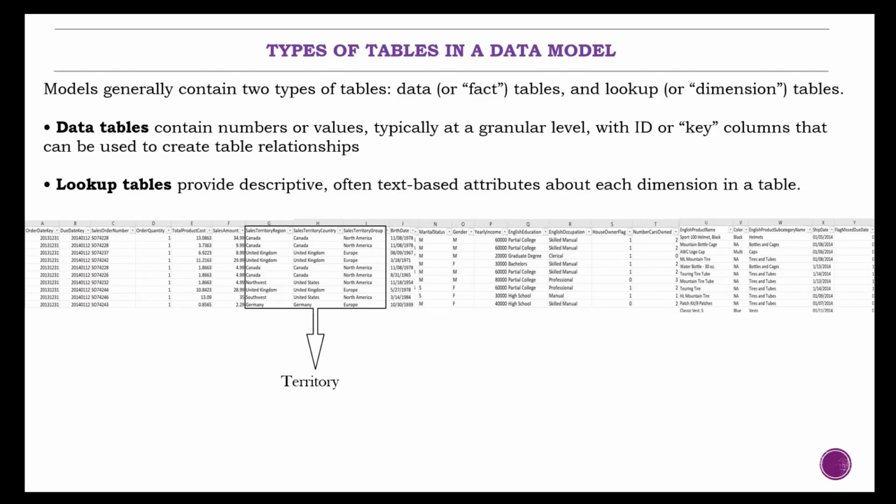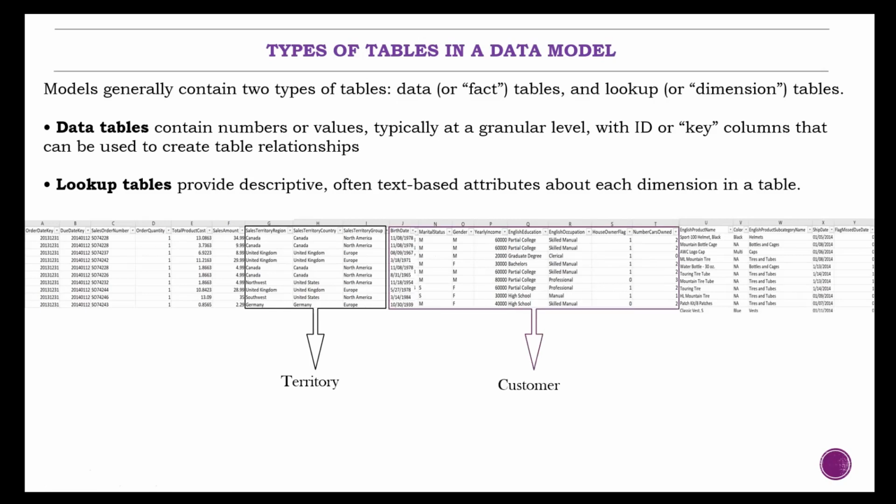If we also look at the birth date, marital status, gender, yearly income, English education, English occupation, house owner flag, number of cars owned, these values are attributes of a customer or attributes of a person. These values can be used to create a customer dimension table.